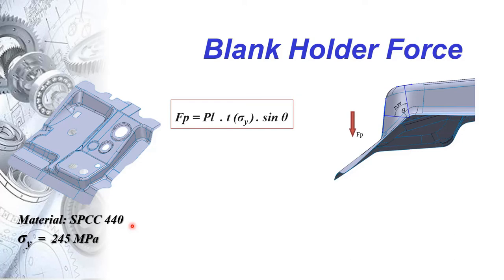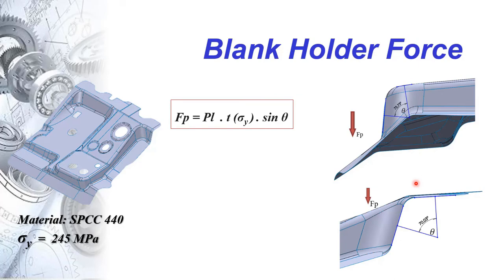By using this formula, we can calculate the punch force Fp by taking the circumference of the part multiplied by the thickness, multiplied by the yield strength, and multiplied by sine theta, where theta is this bend angle. Similarly for the other side of the part that has a different theta angle.